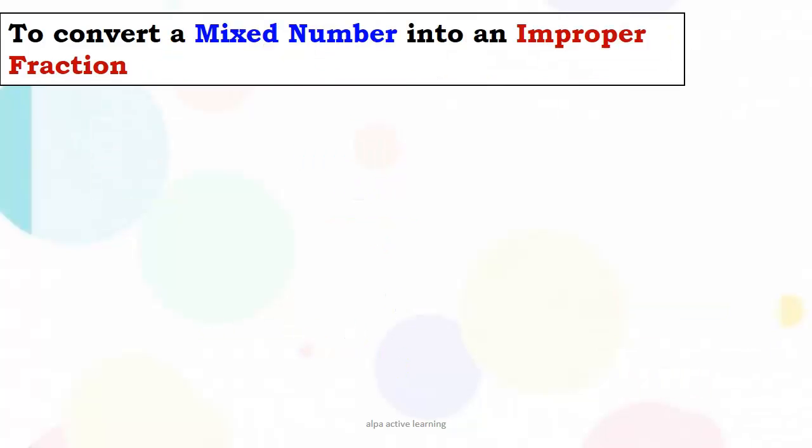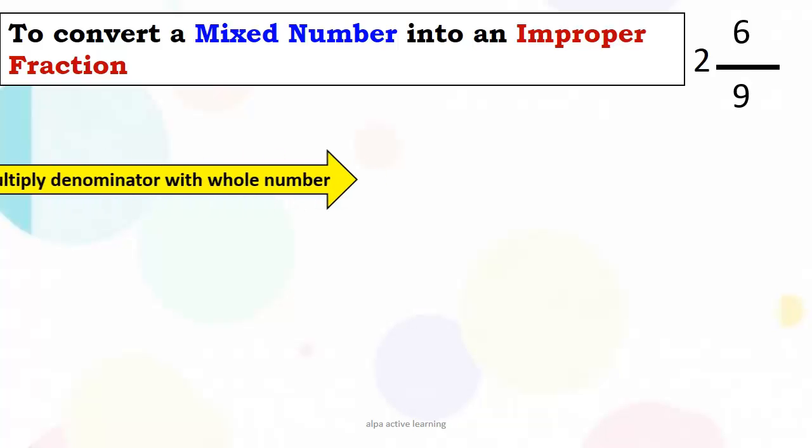Now how to convert a mixed number into an improper fraction? Previously we have seen improper to mixed. Now mixed into improper. So take one example. Whole number 2 and 6/9 is a fraction. So now look at the steps. The first step is multiply denominator with the whole number.